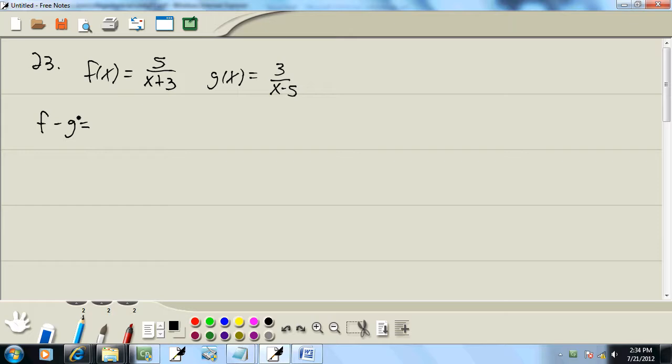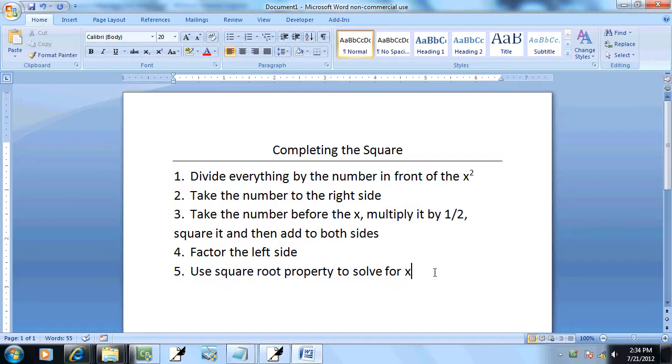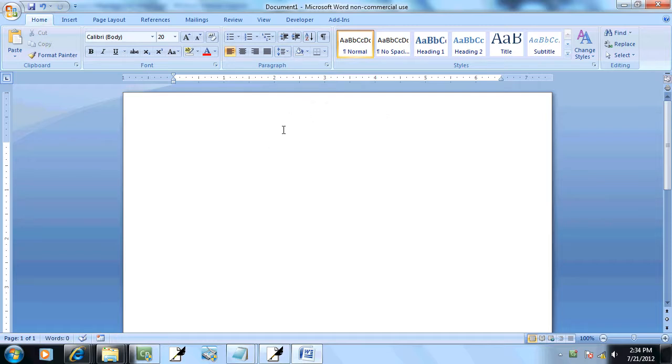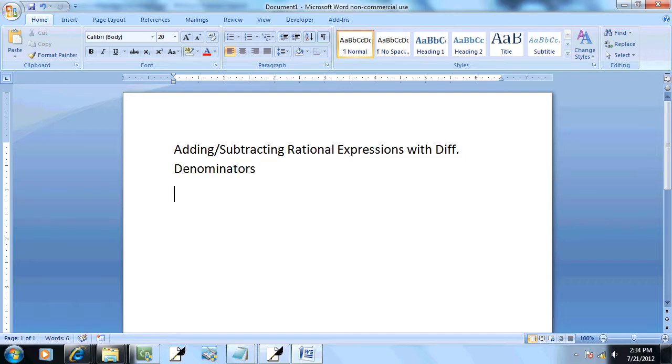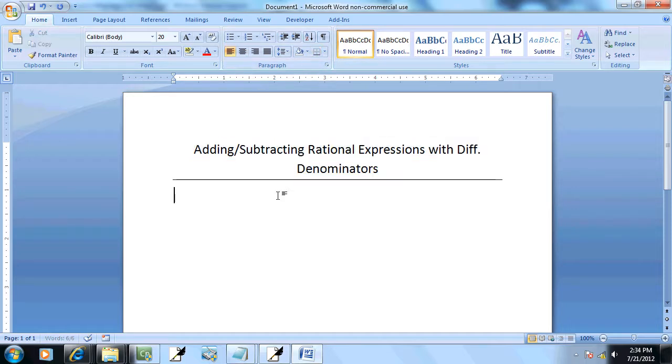So let's take a look at adding and subtracting rational expressions, specifically with different denominators. Step 1 is factor the denominators, so factor the bottom parts.